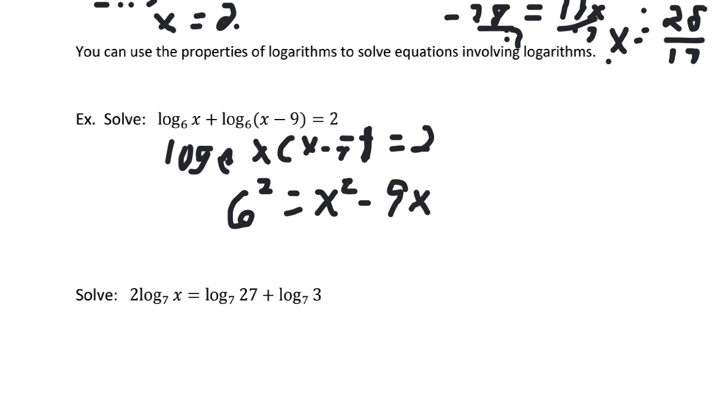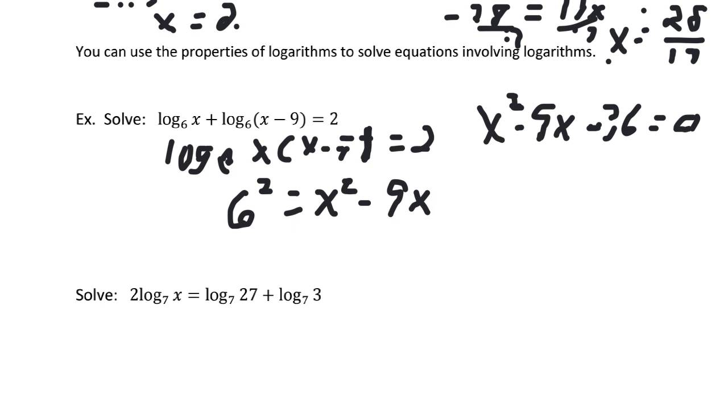Well, it looks like we got a quadratic. So we have to deal with a quadratic. So x squared minus 9x minus 36 equals 0. And I need two factors of 36 that whenever I subtract them, I get a 9.